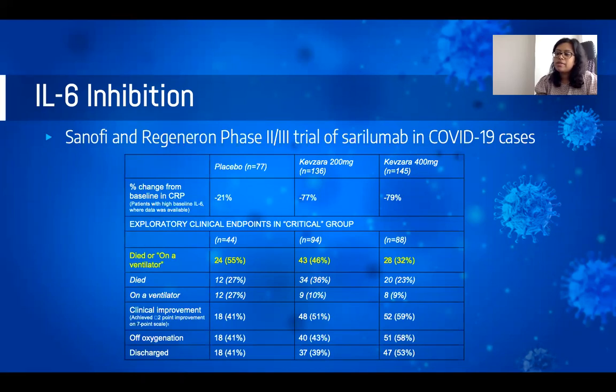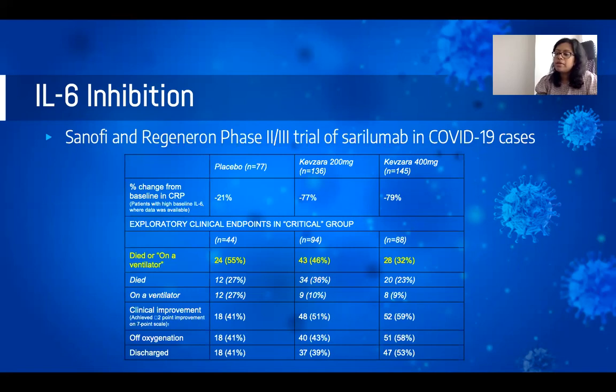Severe patients were those requiring oxygen but without need of ventilation, whereas the critical patients were the ventilated ones. These groups of patients were either given placebo or sarilumab at a dose of 200 or a higher dose of 400.